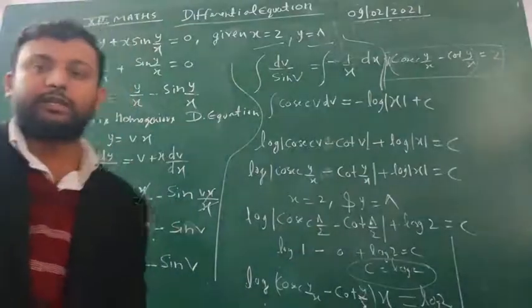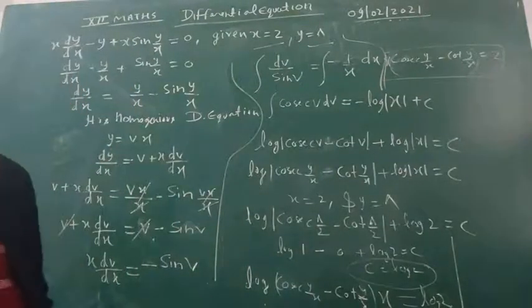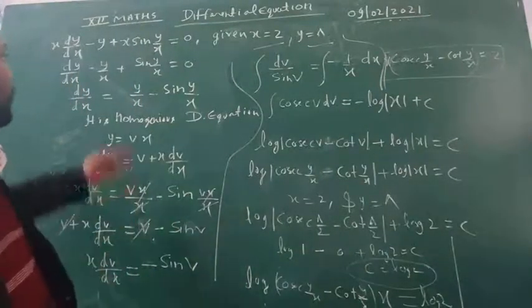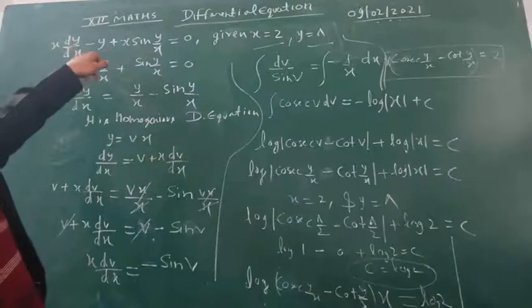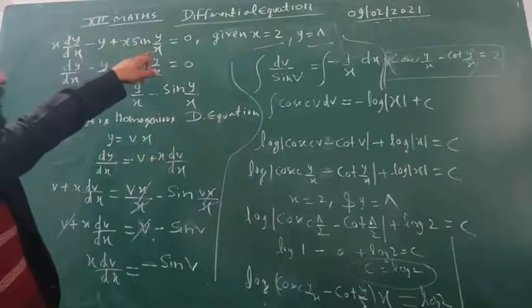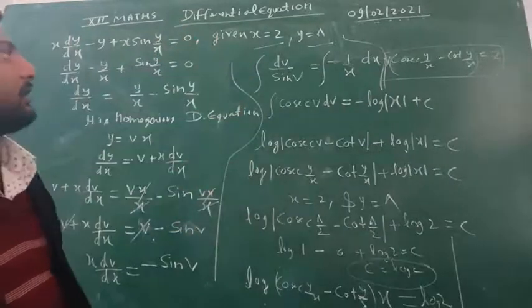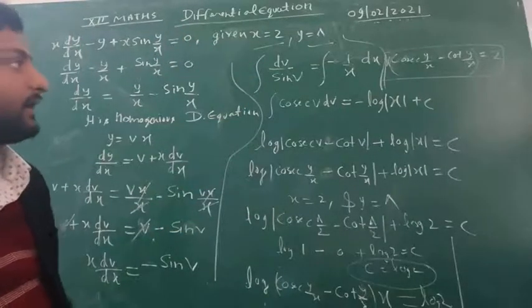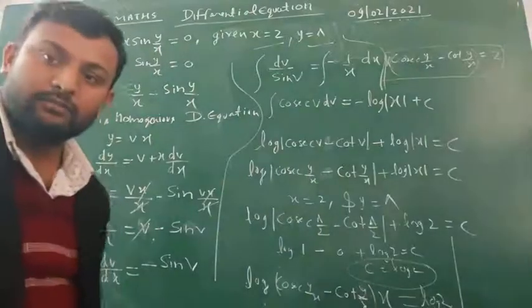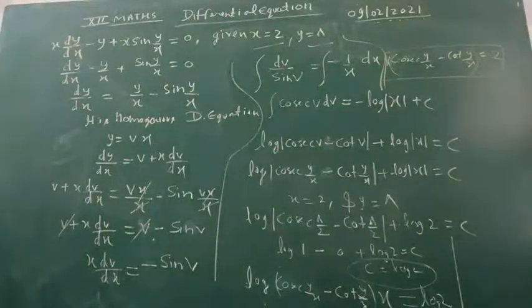I hope you understand, students. Let's see once again what we have done in this question. The question is x dy by dx minus y plus x sin y by x is equal to 0, and given that x is equal to 2 and y is equal to pi, we have to find the solution of this question.